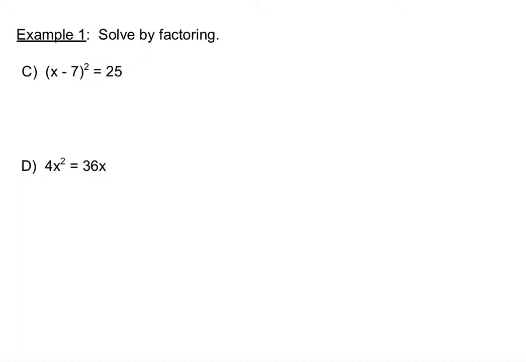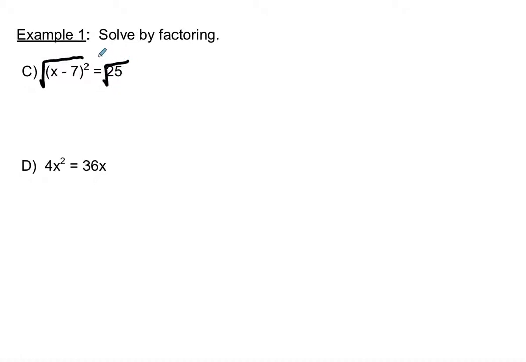All right, now coming down here to look at a problem like letter C, we've got x minus 7, quantity squared, equals 25. For this one, since this term on the left-hand side is squared, I would use my square root property to solve it, and I would take the square root of both sides.